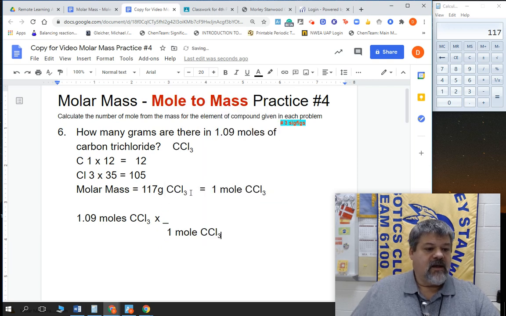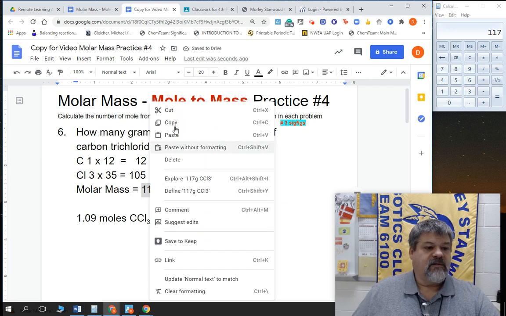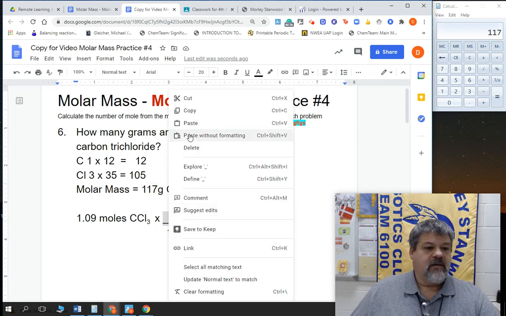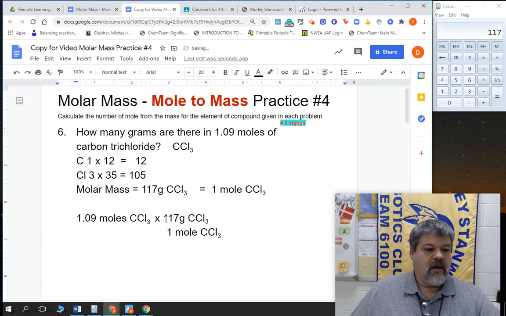Then I'm going to take this one right here, copy it since I just got done with it, and paste it right there. And then I'm going to quickly underline it. Okay, once I get to this point, I'm going to put equals. And then I can tab this over because I have to have them over top of each other.